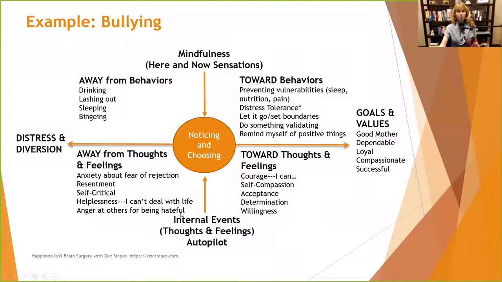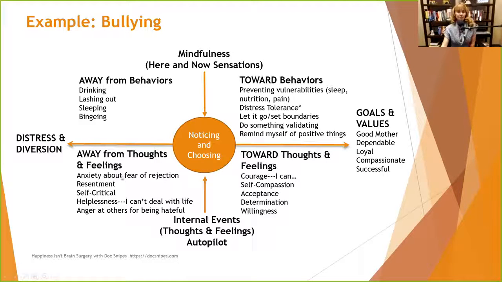And finally, with bullying, we want to notice and choose, because it happens to adults and to kids. This is the final one I'll leave you with. The away-from behaviors. When somebody is a bully, and we'll say online bullying, you may want to drink, lash out, sleep, binge, hurt them, whatever. A lot of feelings come up.